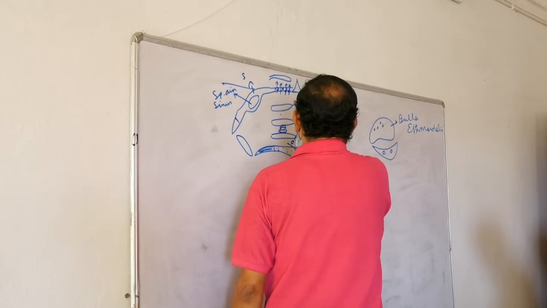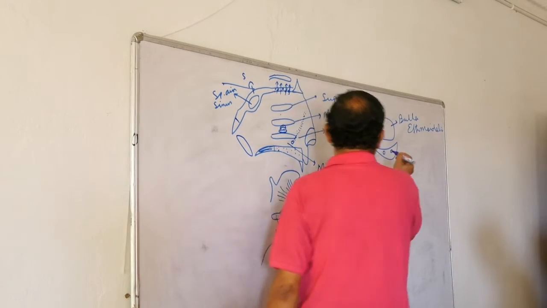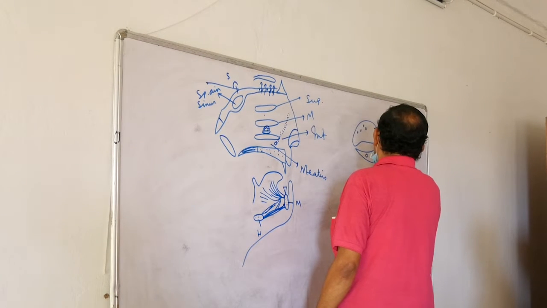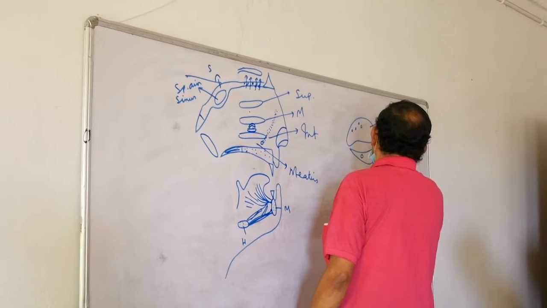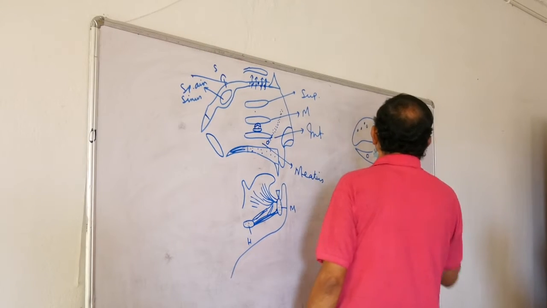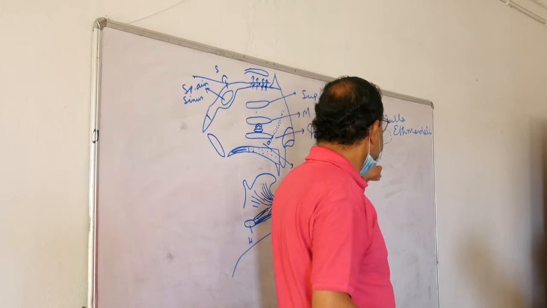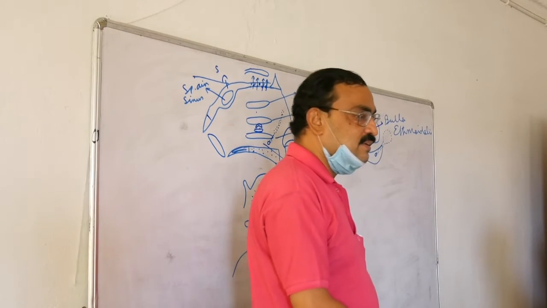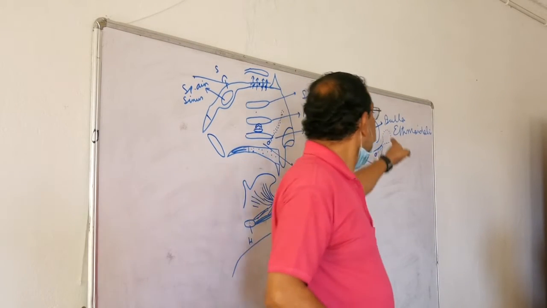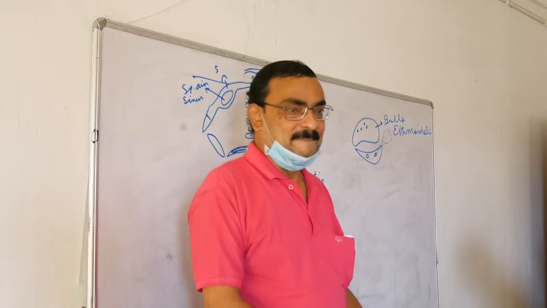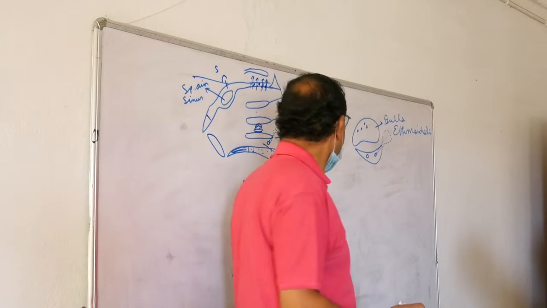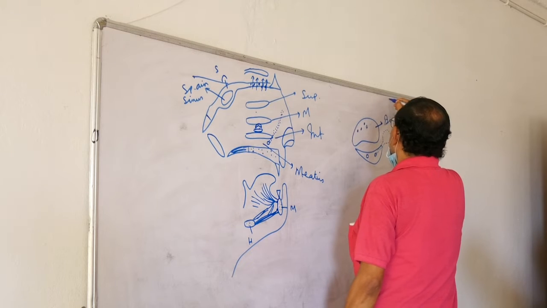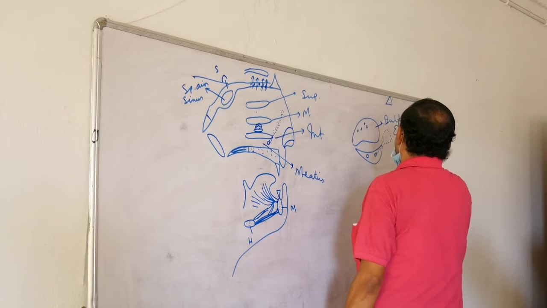One opening will go upwards and it will form a bulge area. It is inside, so I have given it with dotted lines. This is called the infundibulum. Here we are getting the frontal sinus.